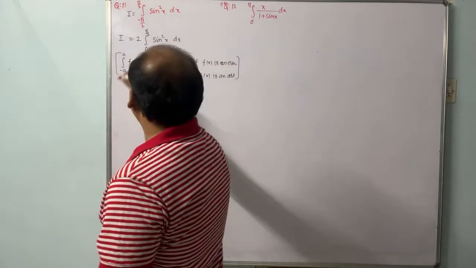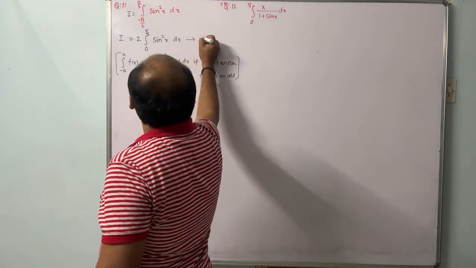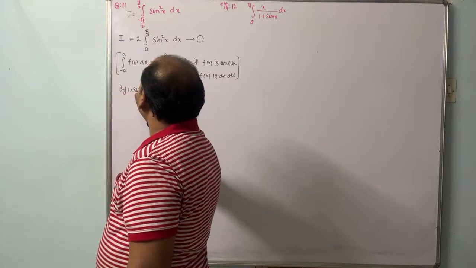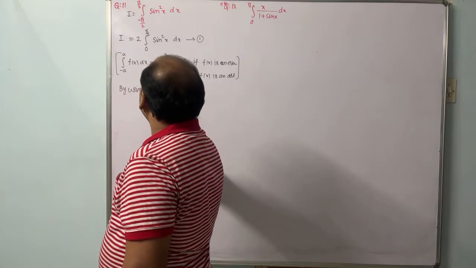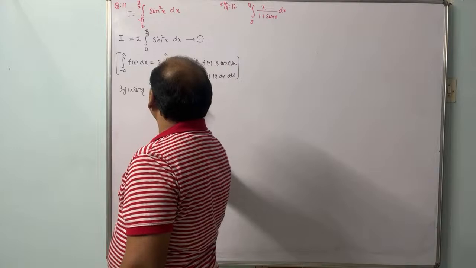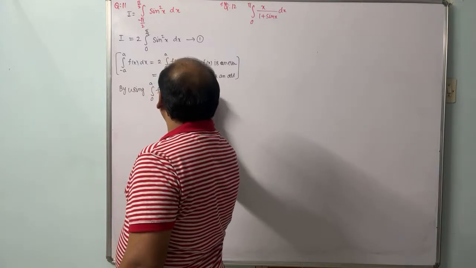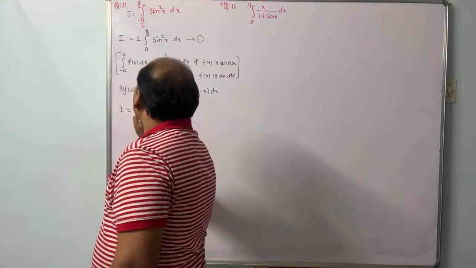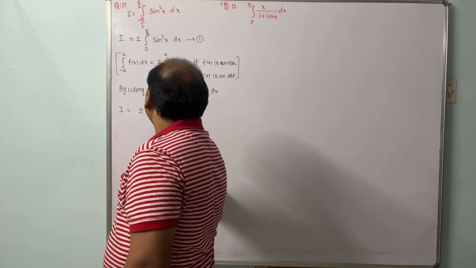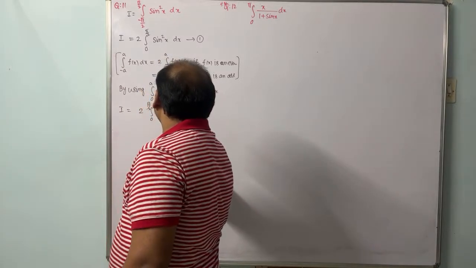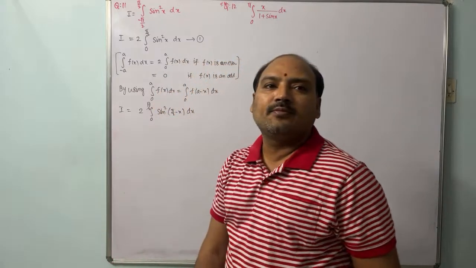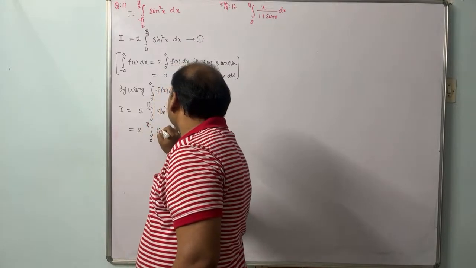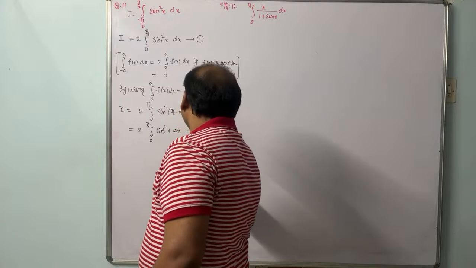Okay. After that, take it as equation number 1. By using again the property, the integral from 0 to a of f of x dx is equal to the integral from 0 to a of f of a minus x into dx, equation 1 becomes I equal to 2 times the integral from 0 to pi by 2 of sin square of pi by 2 minus x into dx, which is equal to 2 times the integral from 0 to pi by 2 of cos square x dx. Equation number 2.